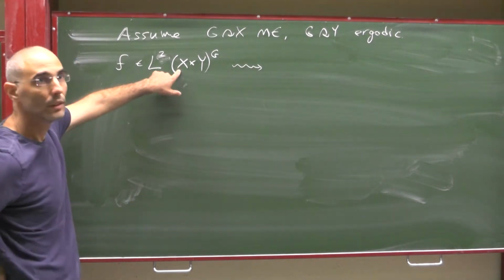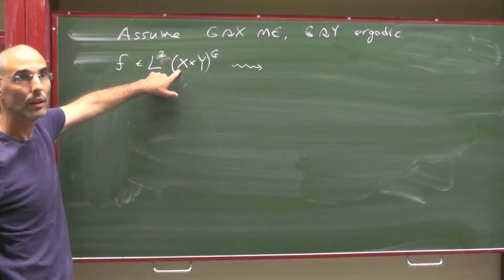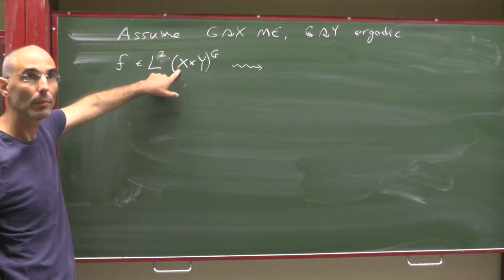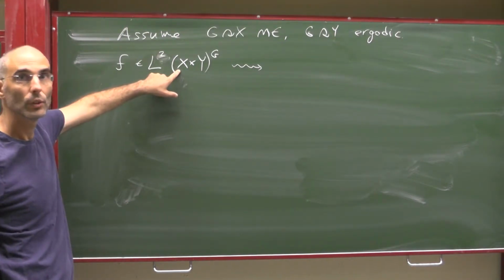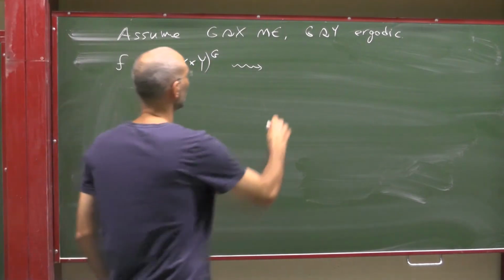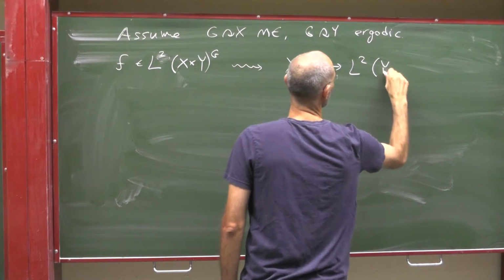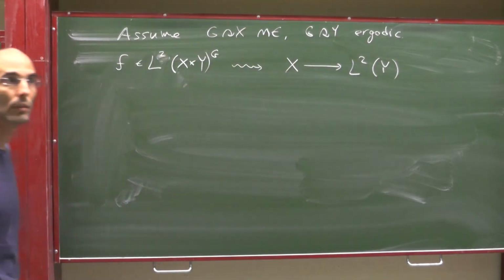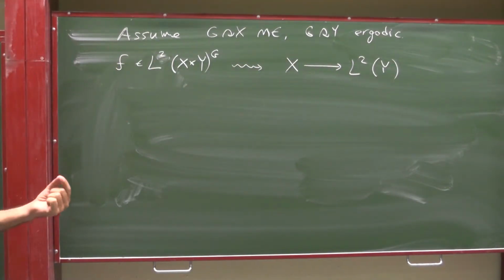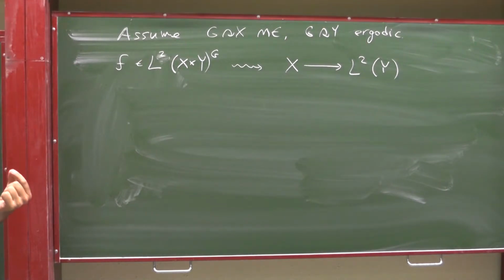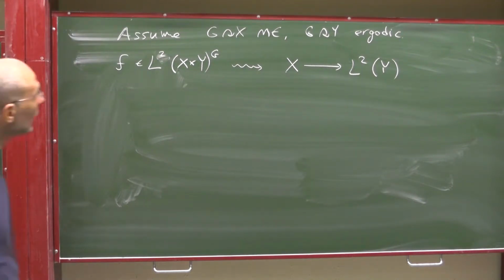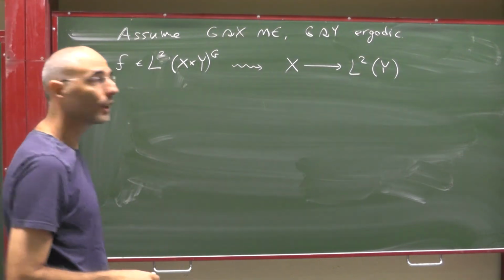Using Fubini, I can think about this function as a map from X to L2 of Y. I mean, for almost every point in X, the function f is defined for almost every point in Y. This is Fubini, and I leave it to you to check.